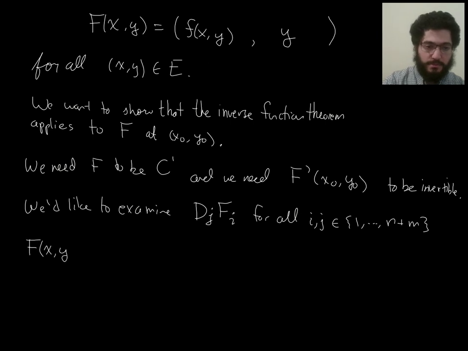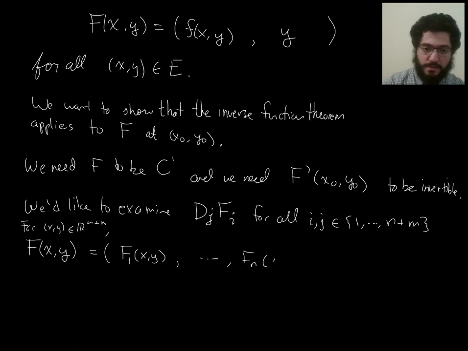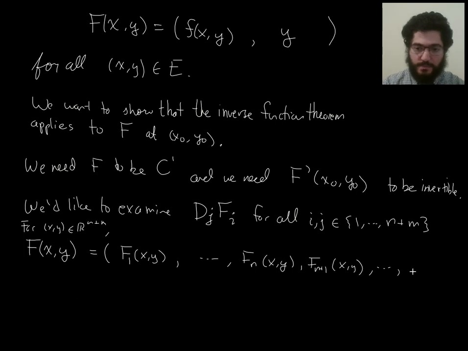So for (x, y) in R^(n+m), we have F of (x, y) is going to be some n plus m tuple, right? So you could think of it as its first component, comma, its second component, etc., all the way up to its nth component. You might stop your list there at first, and then continue, n plus first component, and so on, up to the n plus m component.